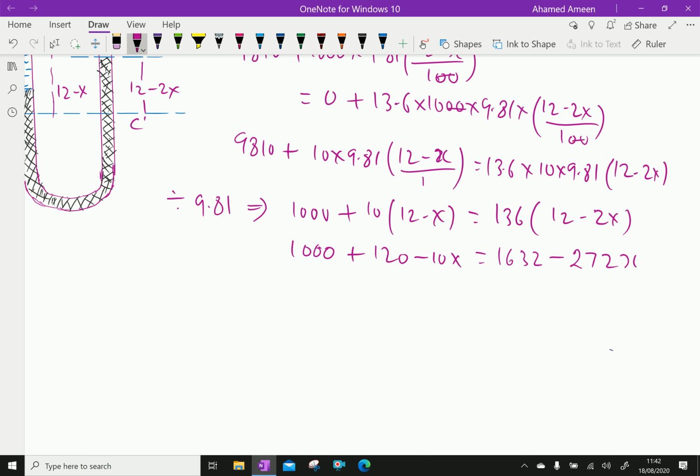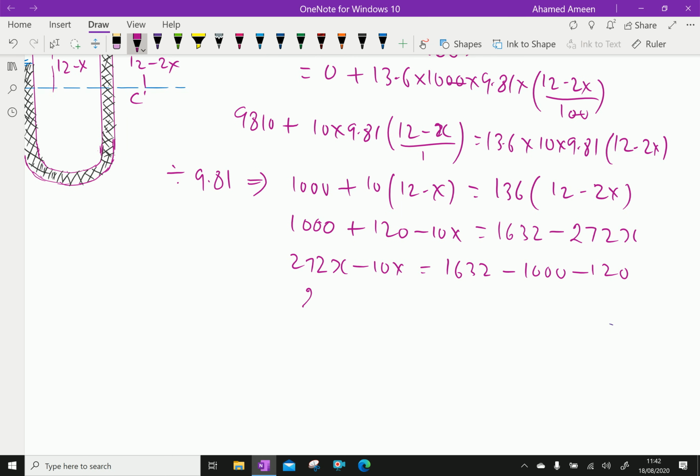Now collecting x on one side and numbers on the other side: 272x minus 10x equals 1632 minus 1000 minus 120.